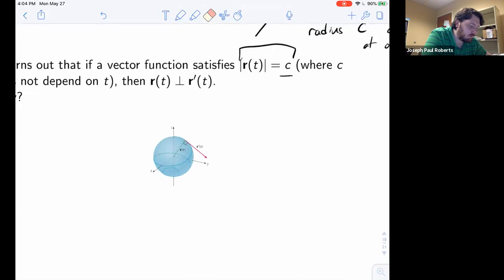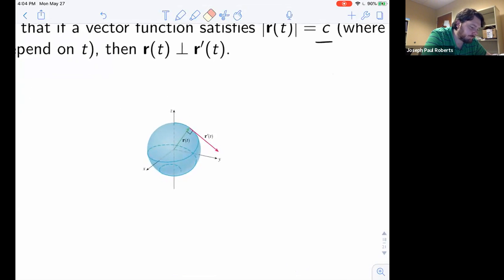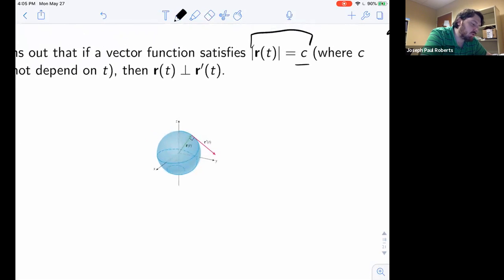And so if your curve lives on that sphere, then think about what could be tangent to it. Well, it has to be tangent to the sphere, which is going to be perpendicular to the displacement vector from the origin. Think about a yo-yo, right?